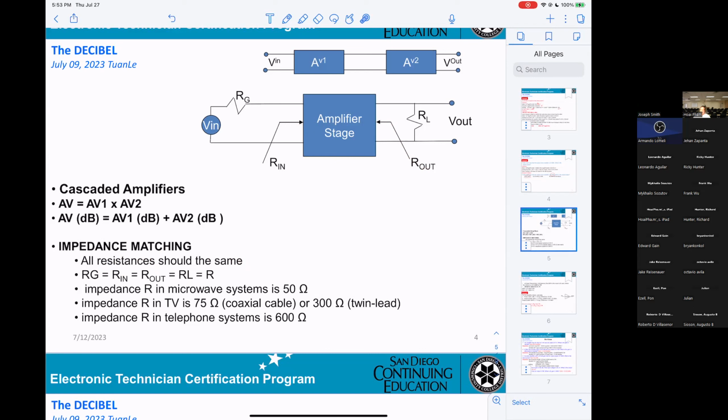So when they're coming out, they will also get 50 ohm. Impedance R in a microwave system is 50 ohm. Impedance R in TV is 75 ohm coax cable, or 300 ohm in the TV lead. Impedance R in the telephone system is 600 ohm. Those are the fixed values. Okay.